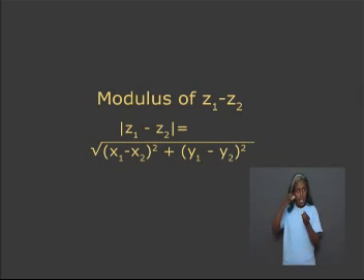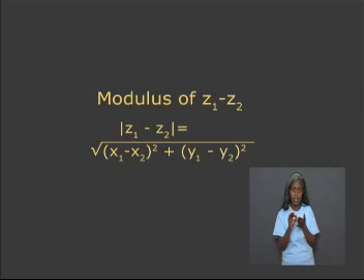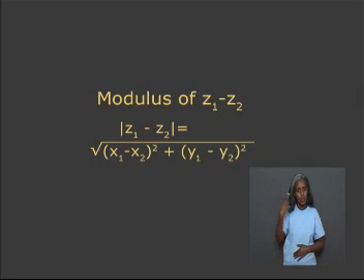We can add complex numbers as we would vectors by using the parallelogram law. The multiplication of two complex numbers can be expressed in polar coordinates.